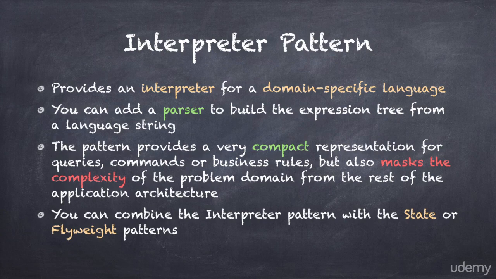The pattern provides a very compact representation for queries, commands, or business rules in the given domain. But it also masks the complexity of the problem domain from the rest of the application architecture. You can combine the interpreter pattern with the state or flyweight patterns.